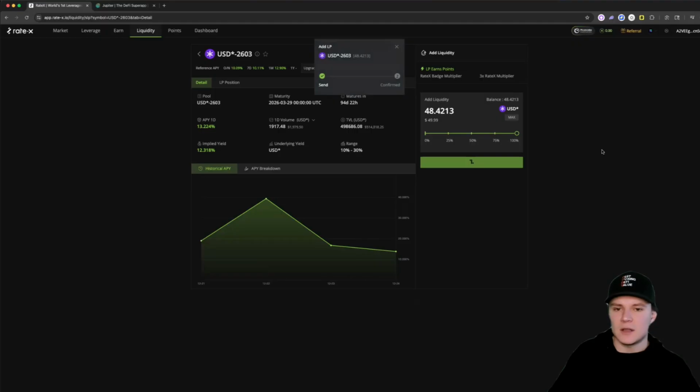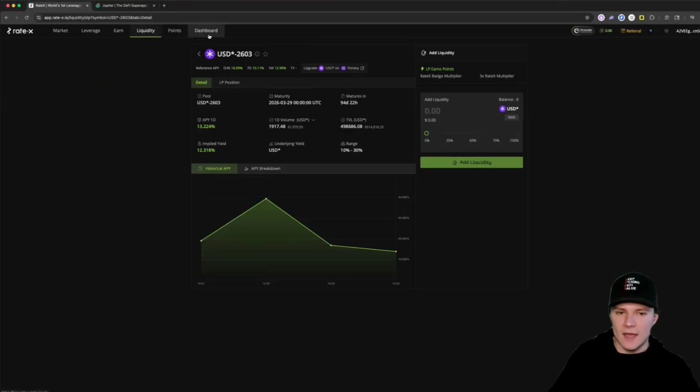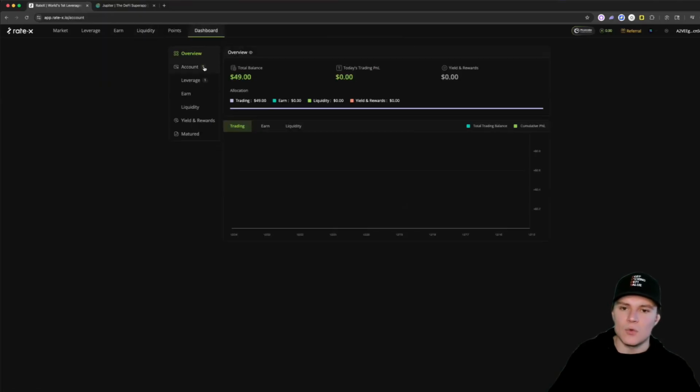So the LP position is a great way to generate yield over and above what you're already getting from the native asset if you don't really have a view one way or another whether the points are going to be worth a lot or whether the fixed rate is the way to go. You can supply liquidity and generate these extra yields. Now, the way the liquidity works is you are providing liquidity, as it sounds, to traders that want to buy YT or want to buy PT.